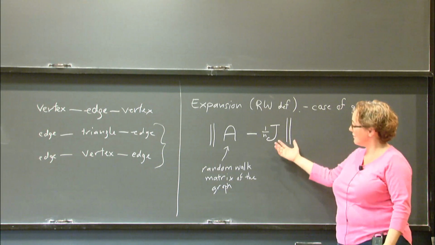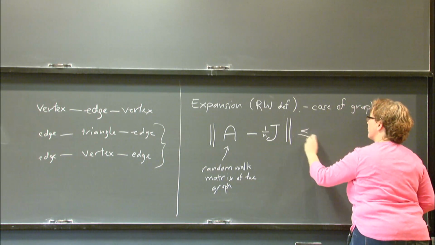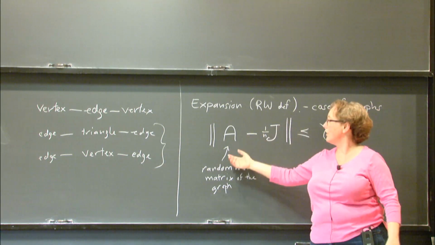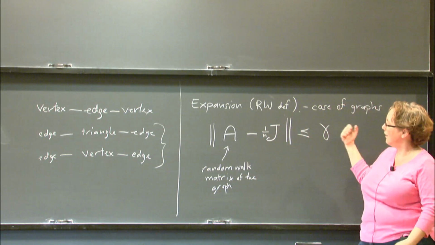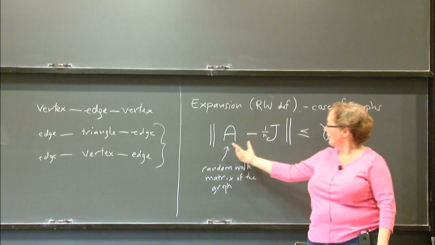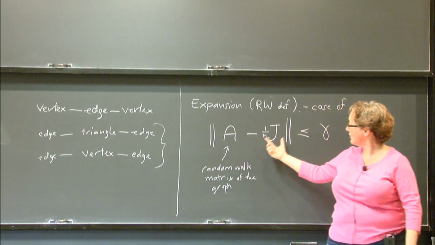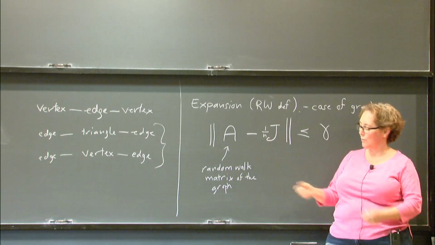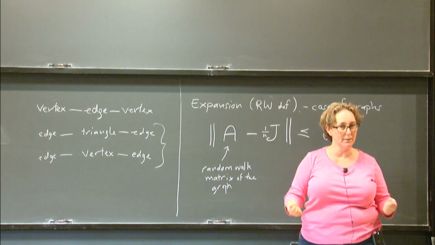So this is, I claim, a natural definition for expansion of a graph. I say that a graph G is a gamma expander if the random walk is approximately the random walk which hops from vertex to vertex independently.